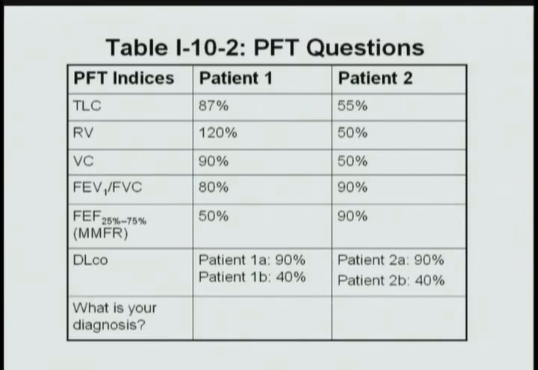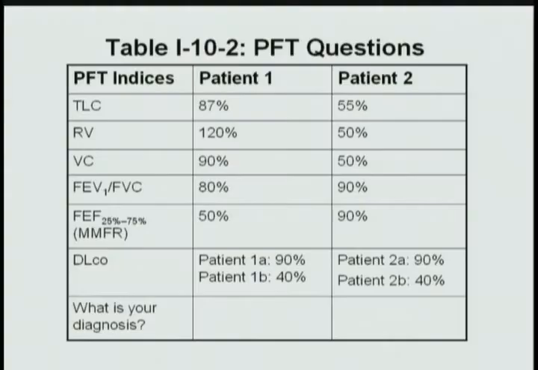That's what they're talking about. This is decreased. So right away I look at somebody that has normal everything except a high residual volume, right? That points towards obstructive disease. And then I look at my FEF 25-75, that's decreased. That diagnoses obstructive disease. If you want to be a purist, fine. You could say this patient has small airways disease, early COPD or something like that. I don't care, but this patient has obstructive disease.